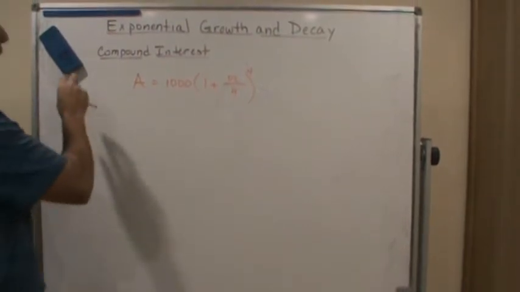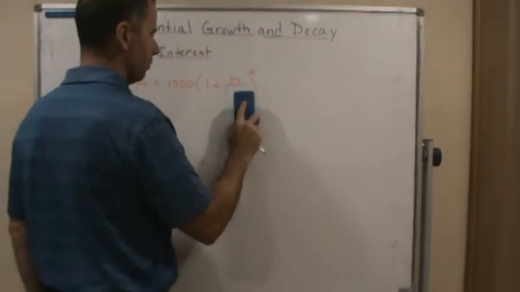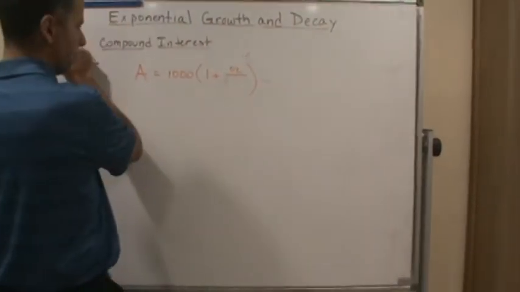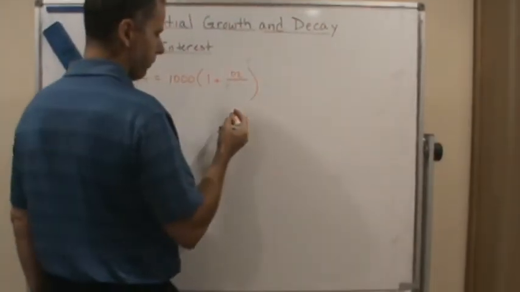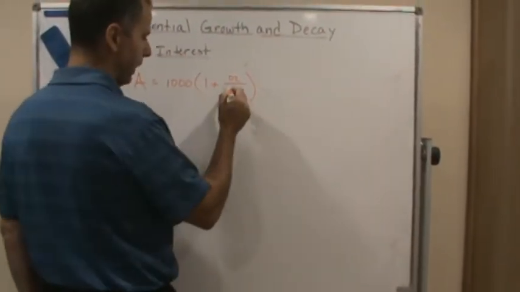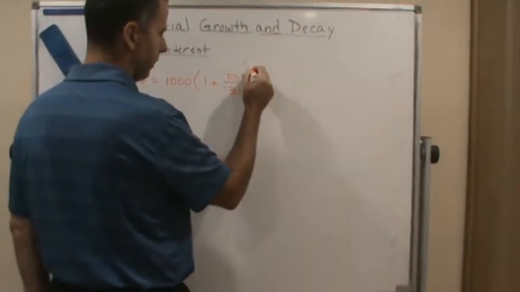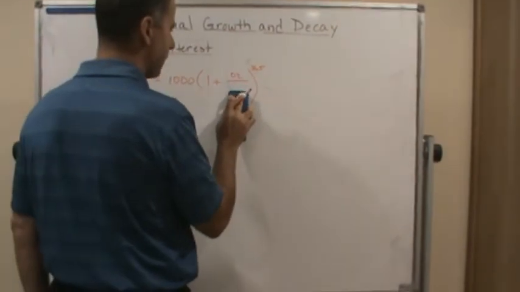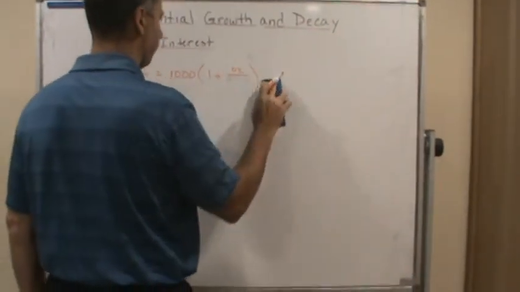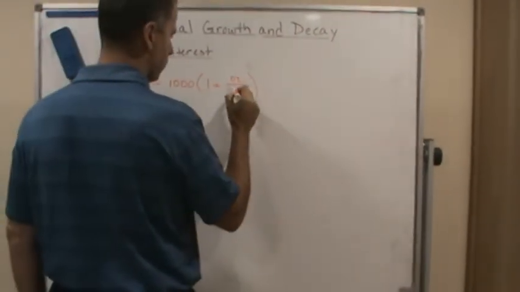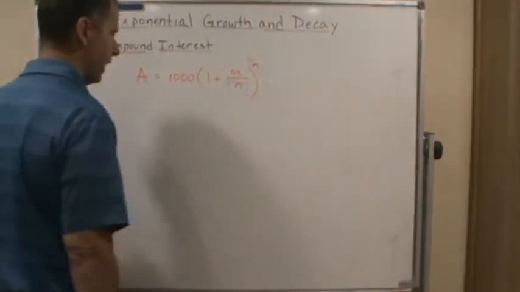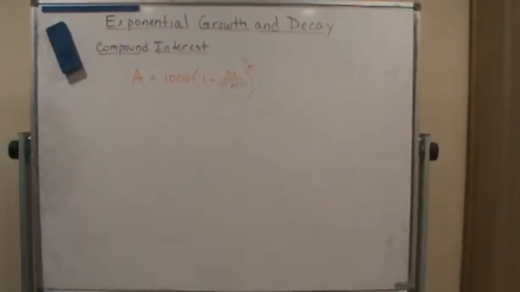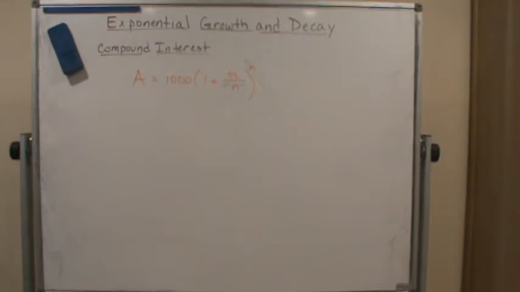In general, even if we did it daily, we would have 365. So how many times is it going to compound? And so let's do this n to the n. What would that look like?